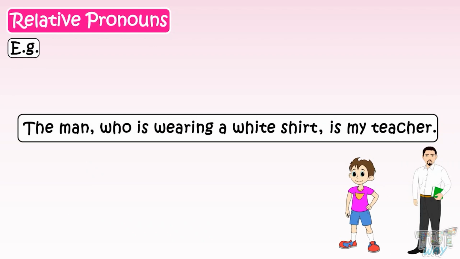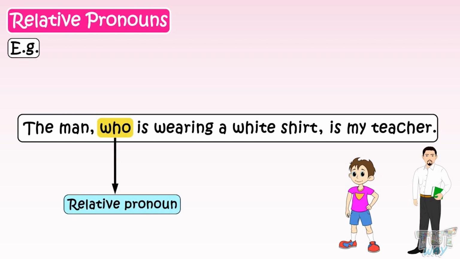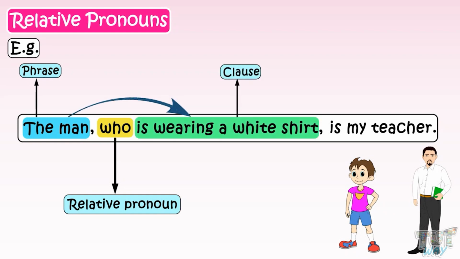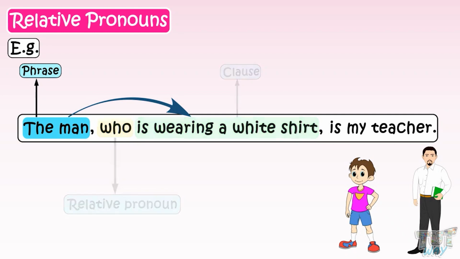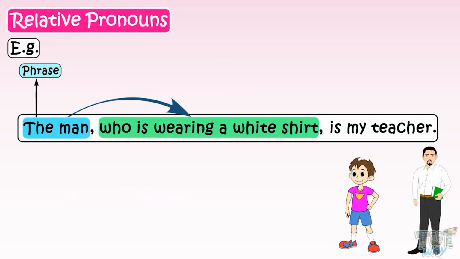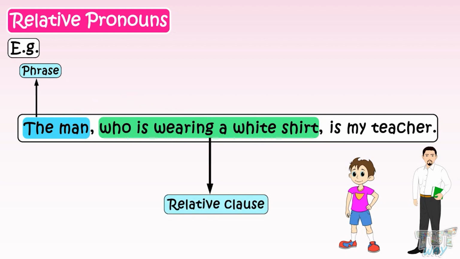In this sentence, the pronoun who is a relative pronoun as it is being used to relate the phrase the man to the clause is wearing a white shirt. Here, the clause who is wearing a white shirt is a relative clause as it begins with a relative pronoun, who. Now let's learn some more about relative clauses.